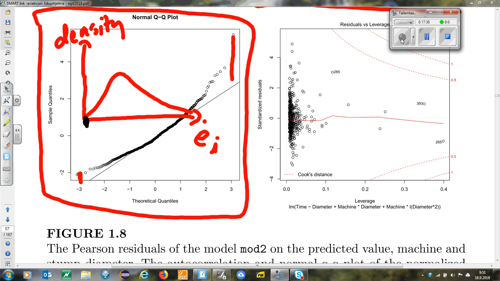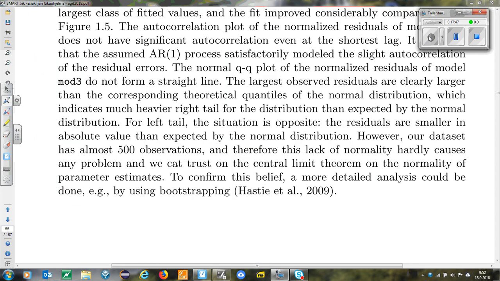If you want to learn more about model assumptions, you could read the book by McCulloch, Searle, and Neuhaus. The textbook includes a chapter about these problems. So our conclusion was that this model 3 is satisfactory in this case.